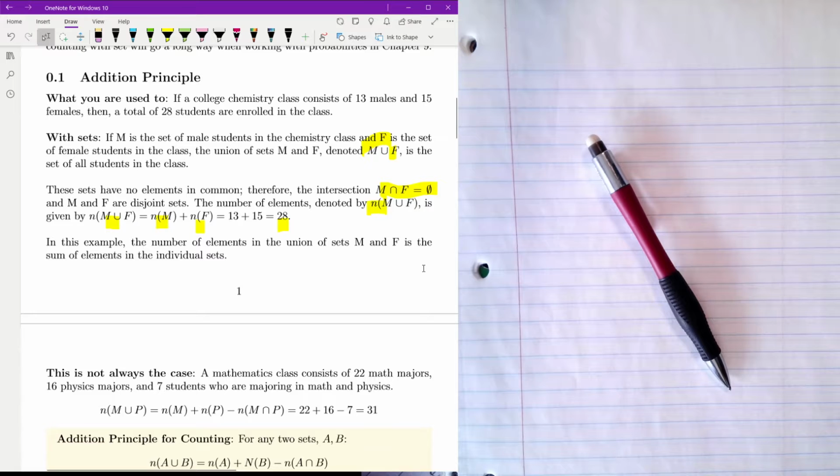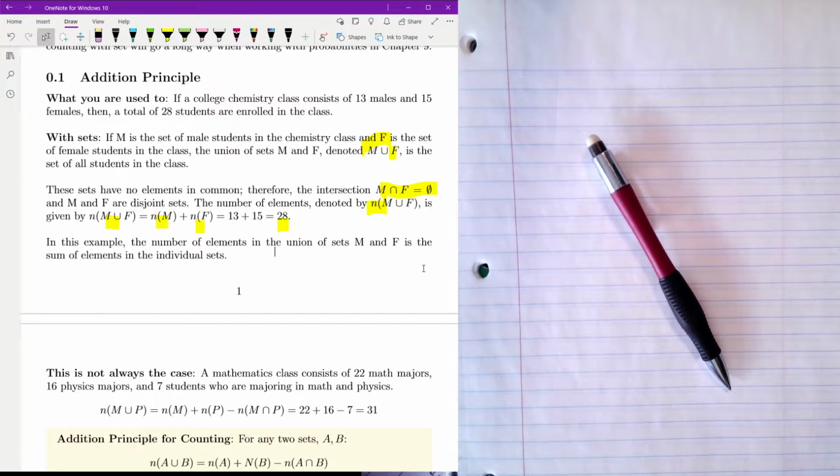Now, when counting, what we just gave is not always the case. For example, a math class might have 22 math majors, 16 physics majors, and 7 students who are in both math and physics. So how do we frame that?